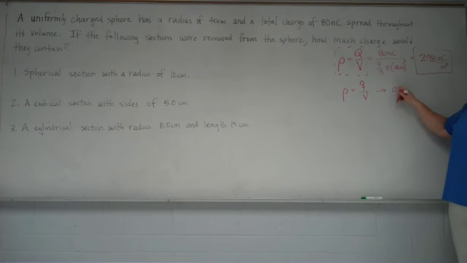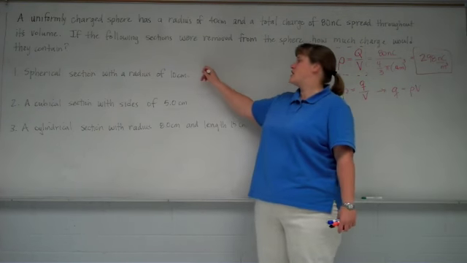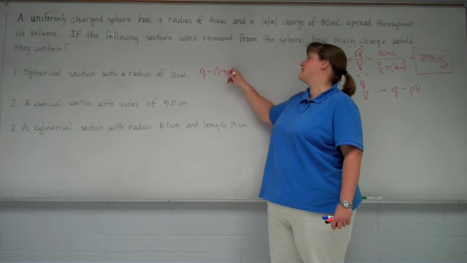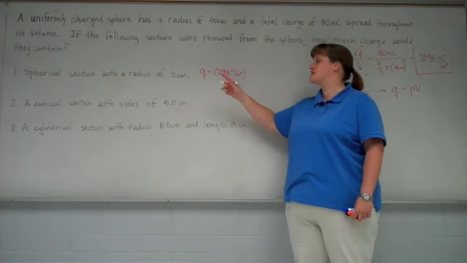So the charge on those sections is going to be our charge density, which we know, times the volume of those sections. So the charge on this section is going to be our density, 298 nanocoulombs per meter cubed, times the volume of this section.